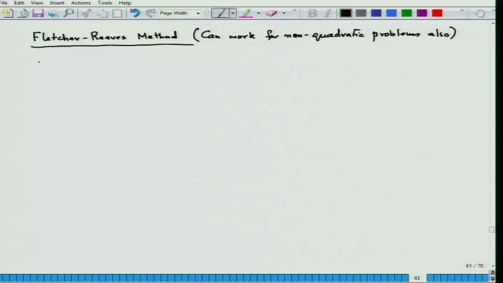Now, in the Fletcher-Reeves method, step 1 is to initialize your starting point x0 and tolerance epsilon.